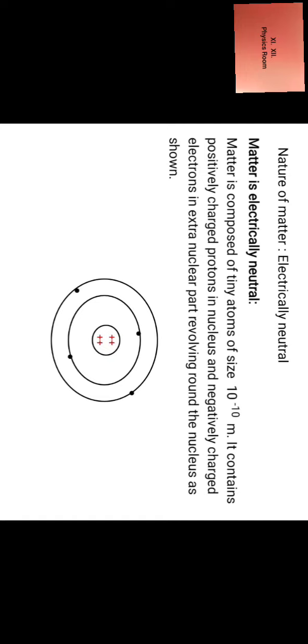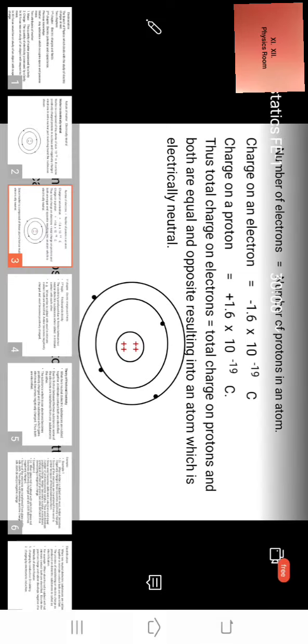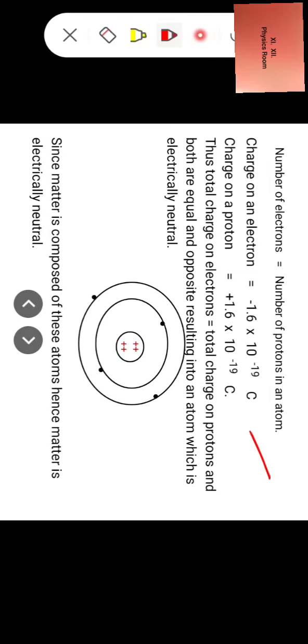How do we say matter is electrically neutral? Let us see. Number of electrons is equal to number of protons in an atom. Charge on an electron is equal to minus 1.6 into 10 raised to power minus 19 coulomb, and charge on a proton is plus 1.6 into 10 raised to power minus 19 coulomb.